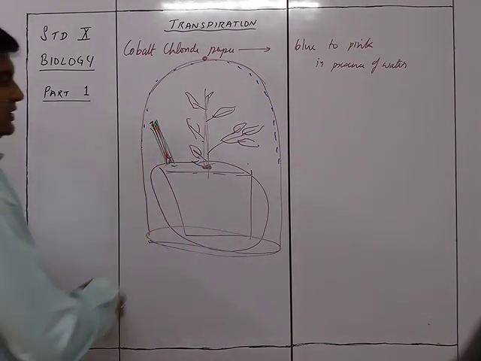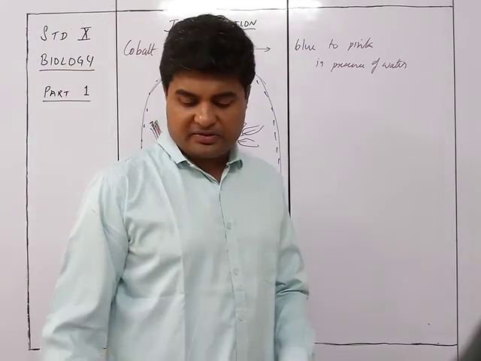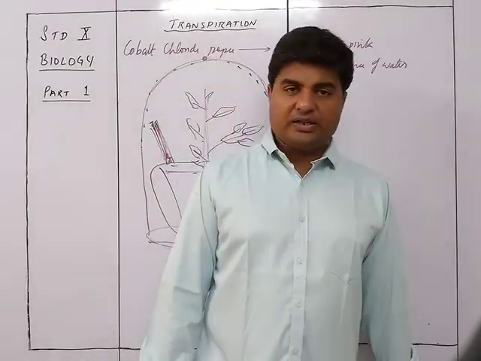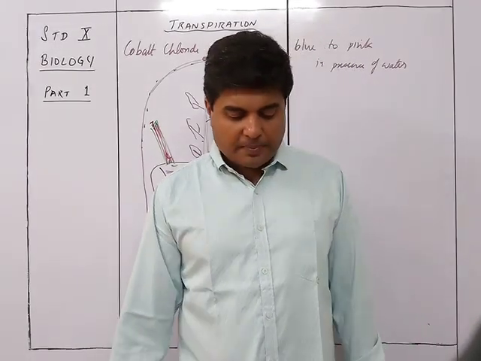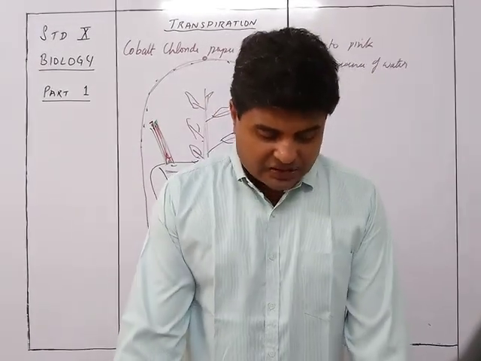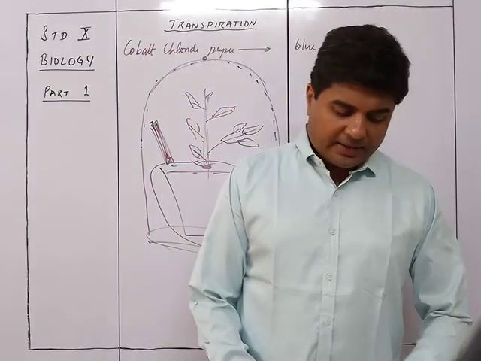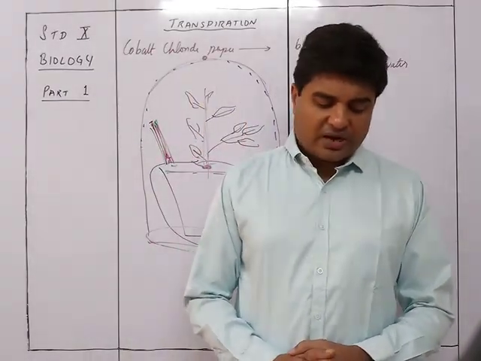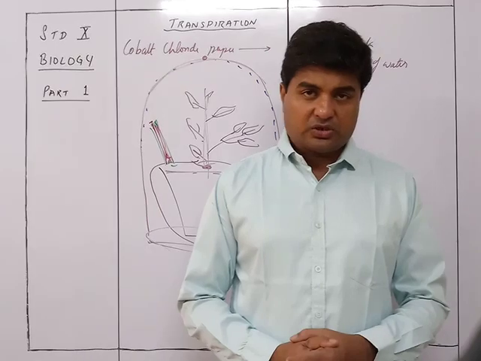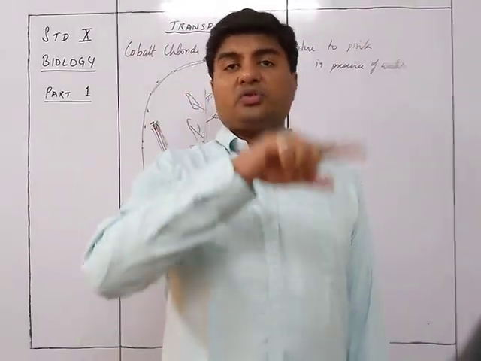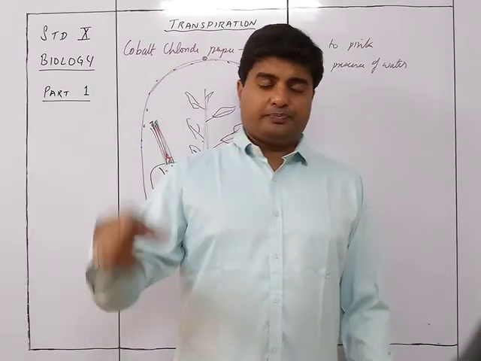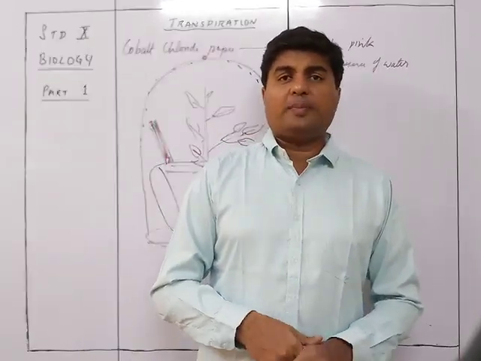So this blue colored one is going to turn pink in the second condition. And then in the third condition, the cobalt chloride paper has remained the same blue and there is no change in the third one. The blue color of the cobalt chloride paper in the third bell jar does not change at all and there are no water droplets on the jar's inner walls either. So we can see the three conditions: in one you see the condensation of water droplets on the bell jar.